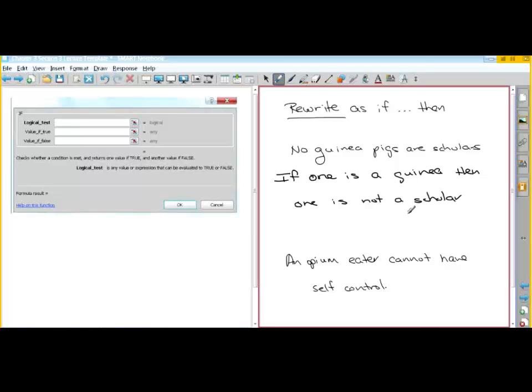So I've had to take the no part and include that in the second statement, because you wouldn't say if one is not a guinea pig, then one is a scholar, because that wouldn't really represent the same.